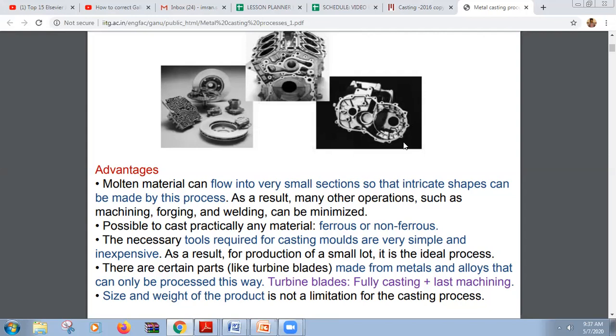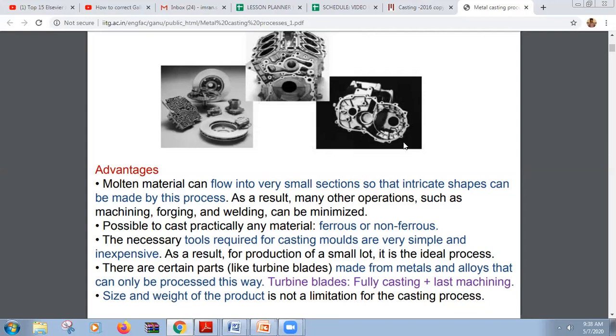So this is commonly applied, and more than that, it can be applied to any metal. So it has the advantage that it can be applied to any metal, and any complicated shape can be casted by this process. So this process is widely applicable in the manufacturing sector. So these are the benefits or advantages of casting.